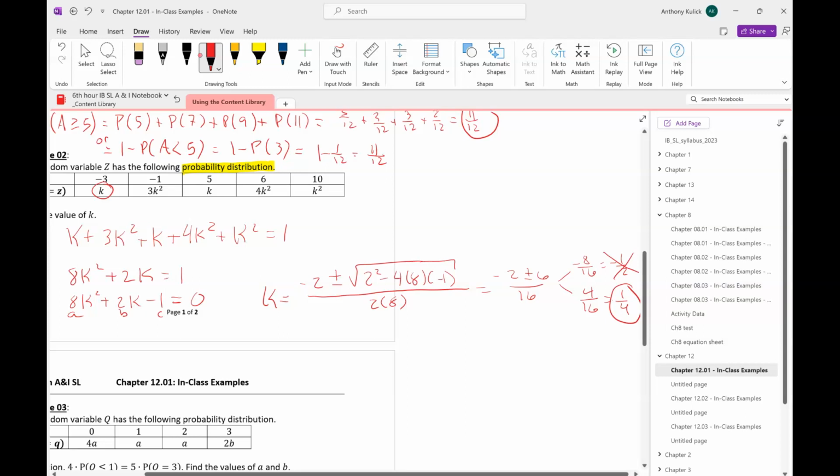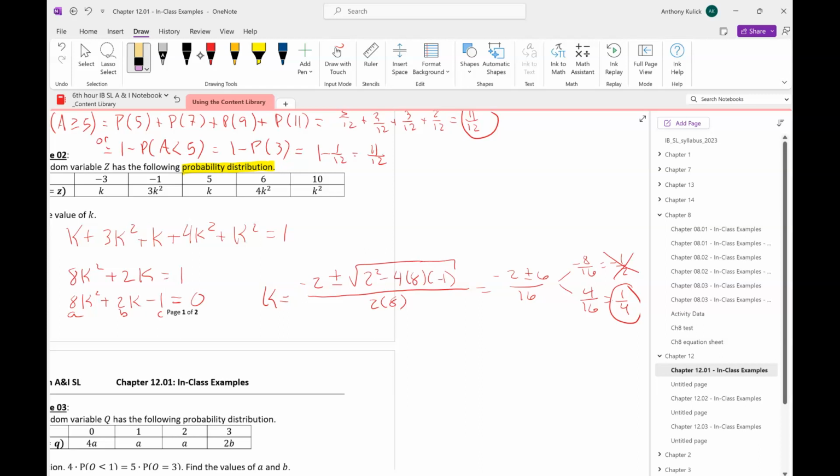Now to check it, you could actually do 1/4 plus 3 times 1/4 squared plus 1/4 plus 4 times 1/4 squared plus 1/4 and make sure it equals 1. It does. The calculator could do that pretty easily for you. But that's the idea: in a probability distribution, all the probabilities add up to 1. We have an equation with one variable, so we just use the appropriate method.